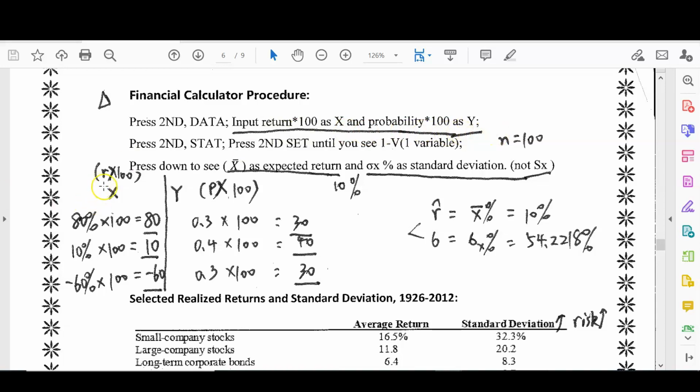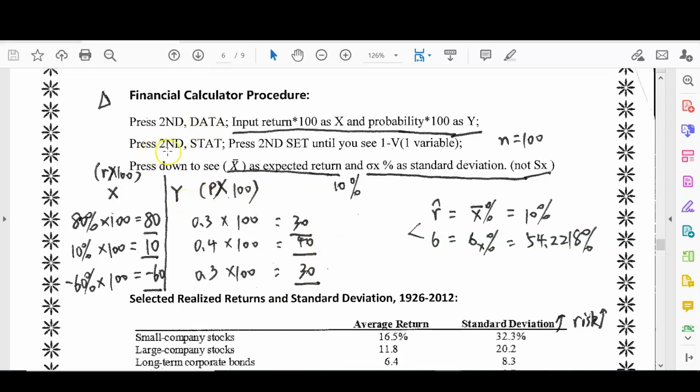So here, our return for Martin products in three economies is 80%, 10%, and negative 60%. Multiplied by 100, we're going to input x as 80, 10, negative 60. So we're basically removing the percentage sign. For probability, we have 0.3, 0.4, 0.3 for the 3 economy scenarios. And we're going to multiply by 100 and input 30, 40, and 30 as y.